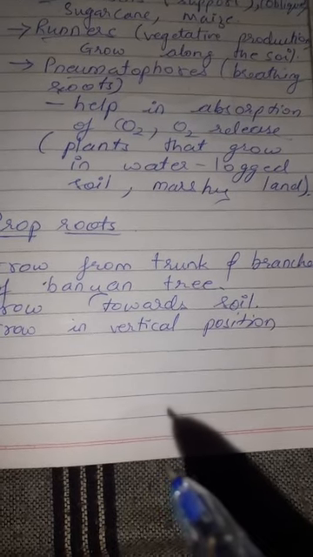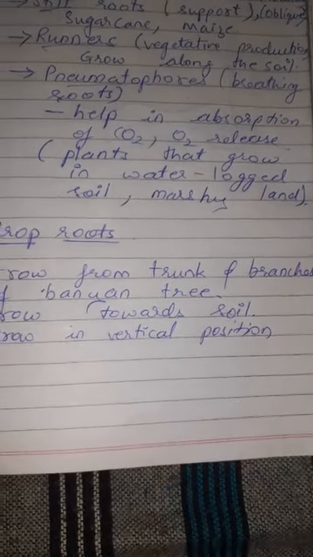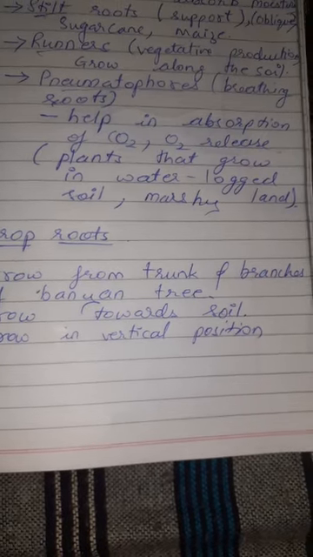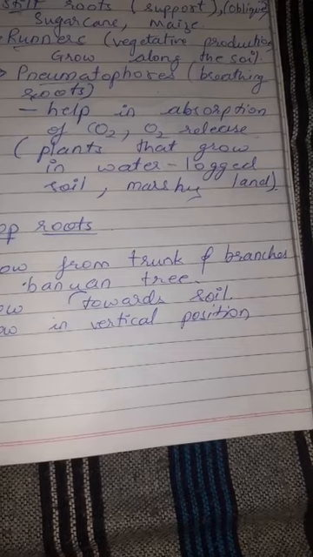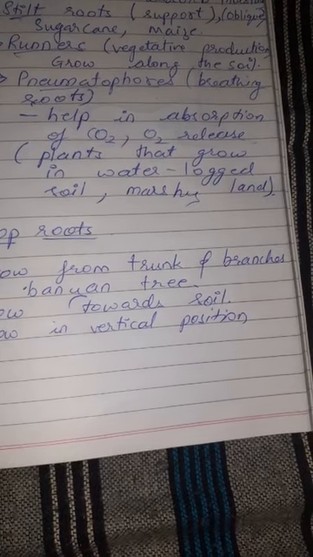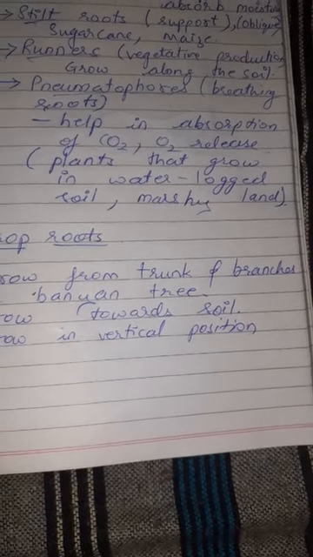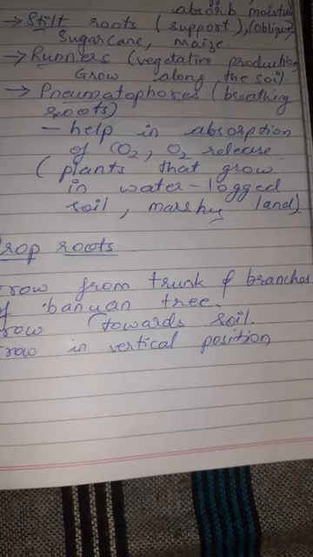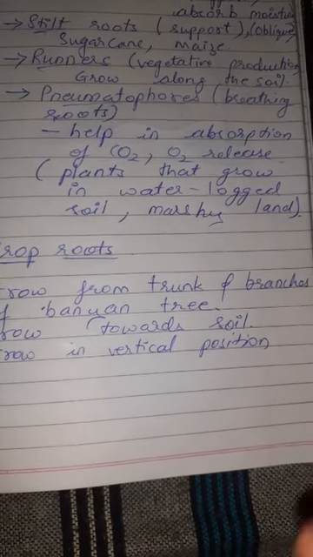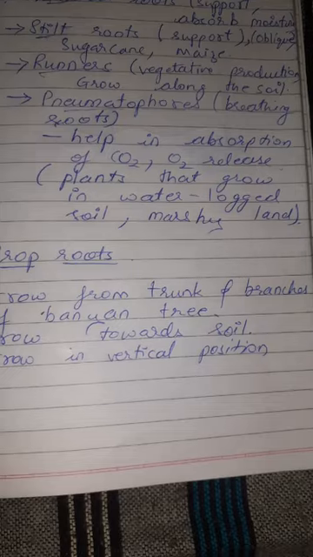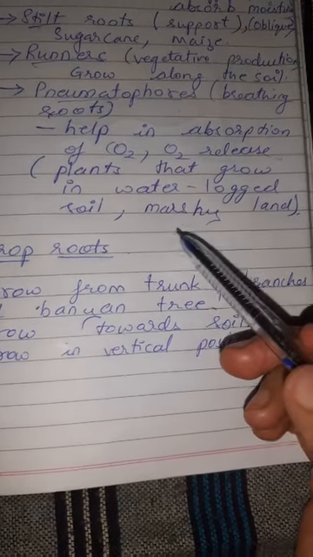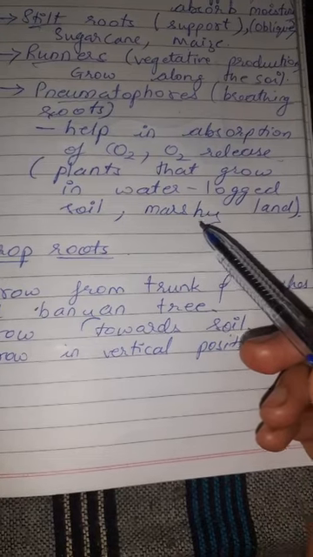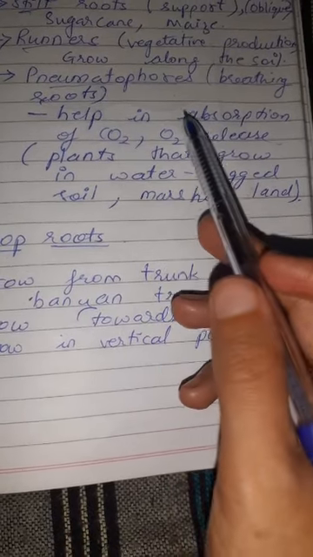These types of roots are found in plants which grow in soil which is not very porous, which does not allow carbon dioxide and water to get in easily. Like plants that grow in marshy lands where lots of water is locked and the soil becomes very sticky. In such places, the plants that grow develop pneumatophores.